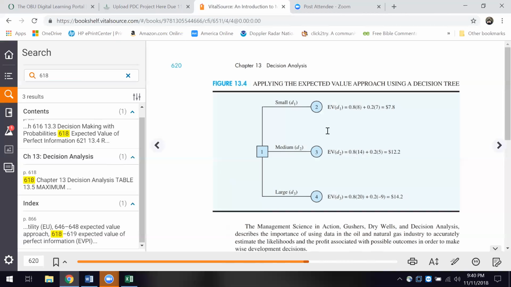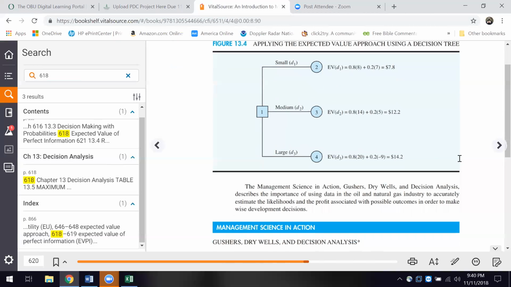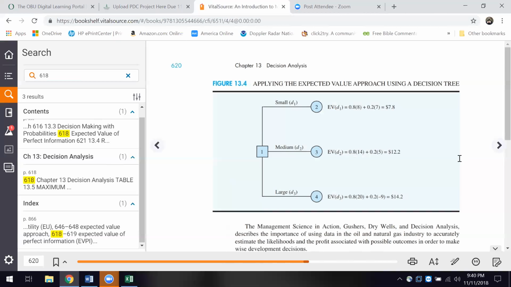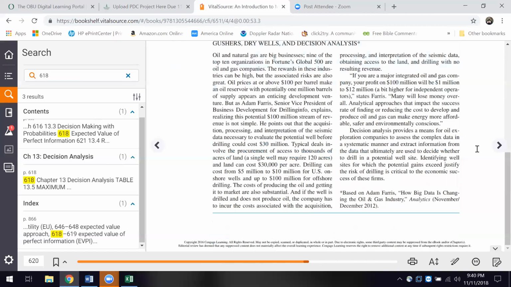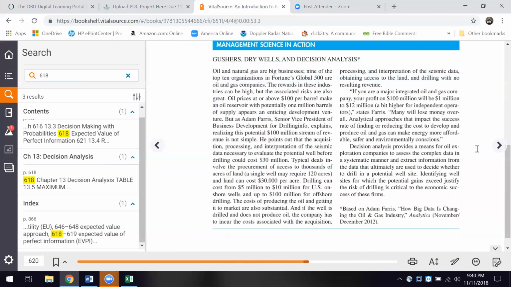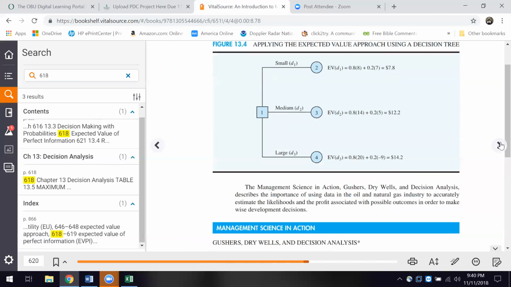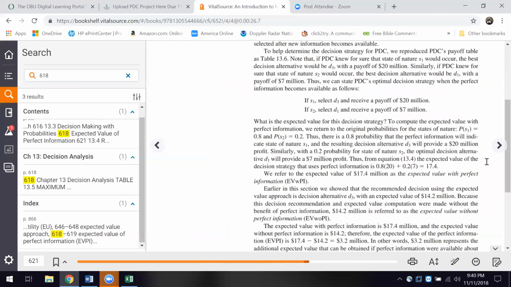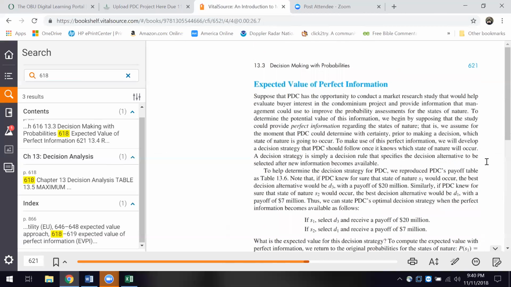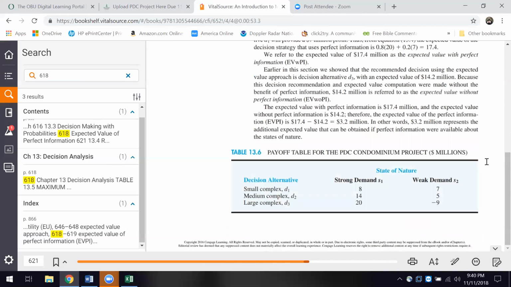So the decision tree is just a way for us to visualize the data a little easier. There's a nice case under here, and this involves the oil business, and I think you'll want to take a look at that. When we begin to talk about the expected value of information, of perfect information, we can compute that.